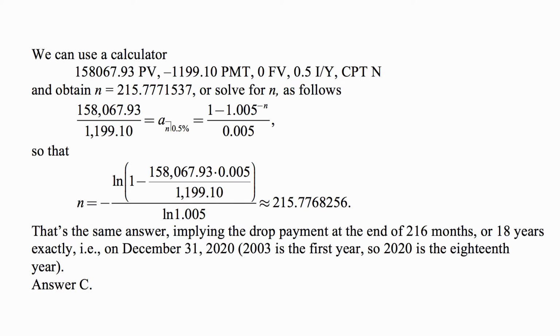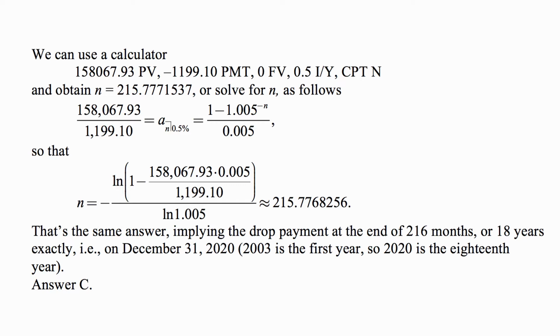And don't worry, the minus sign is just fine, because the natural logarithm in the numerator is a natural logarithm of a fraction. So this ends up being 215.776826. A little bit different answer, but the same answer in terms of the question asked.